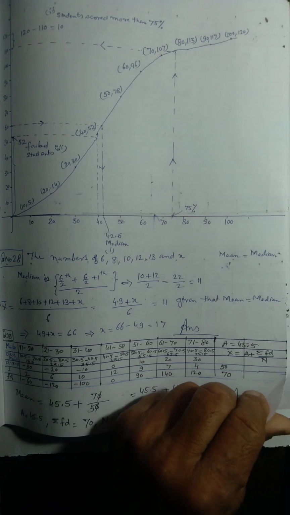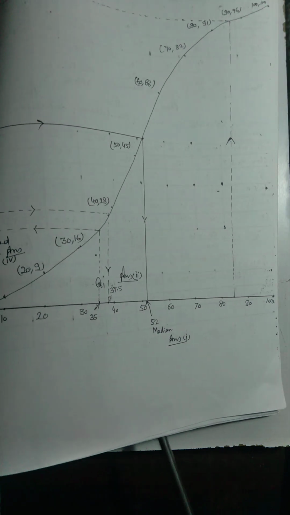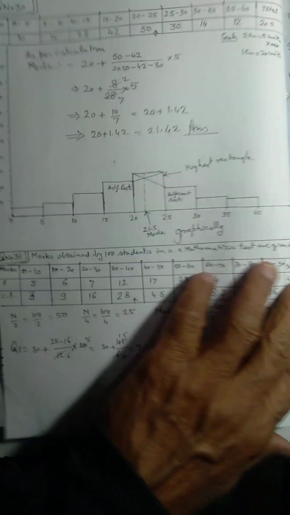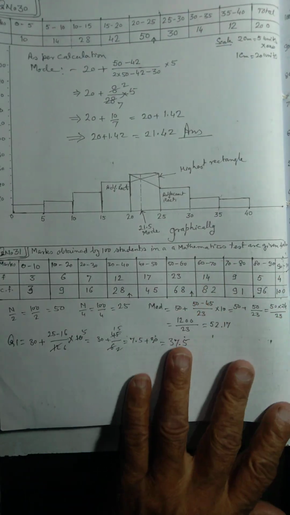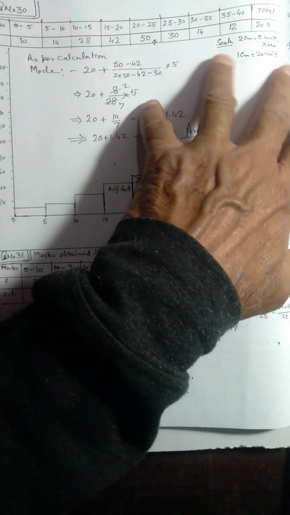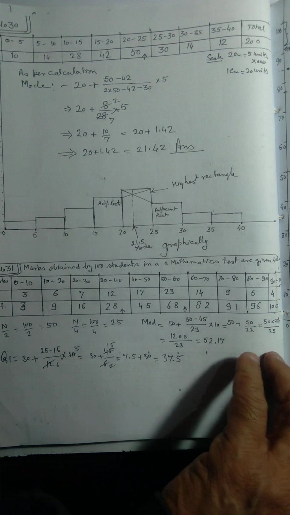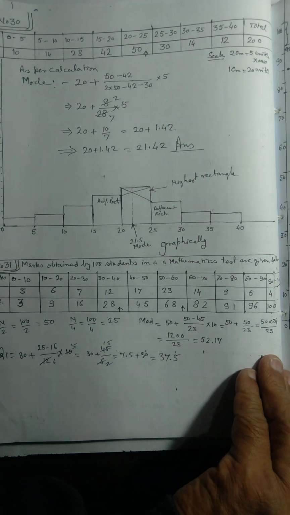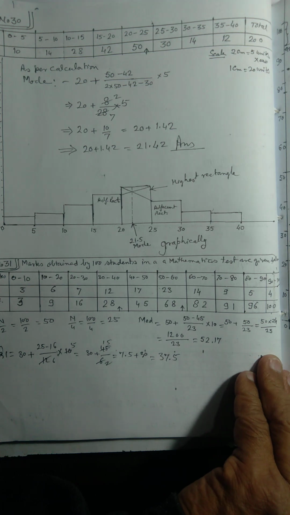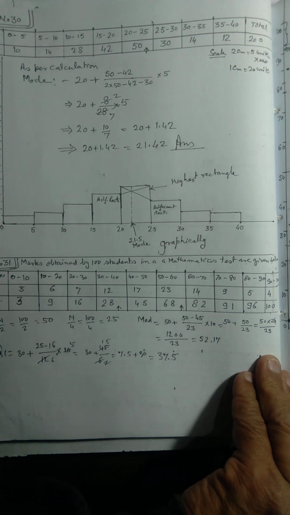Now come to question number 30. Use the graph paper for this question. The daily pocket expenses of 200 students in a school are given below.